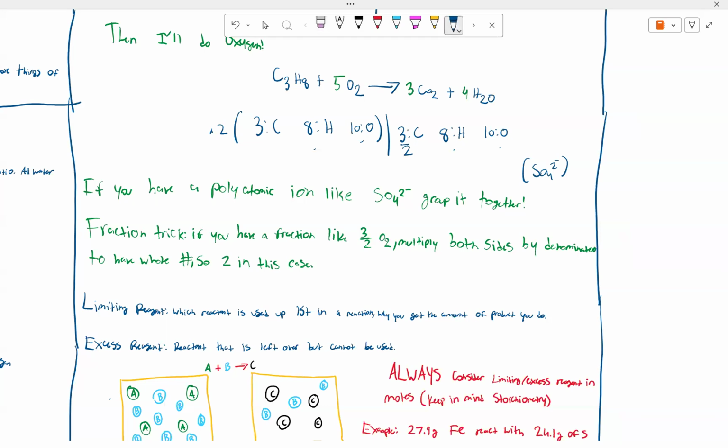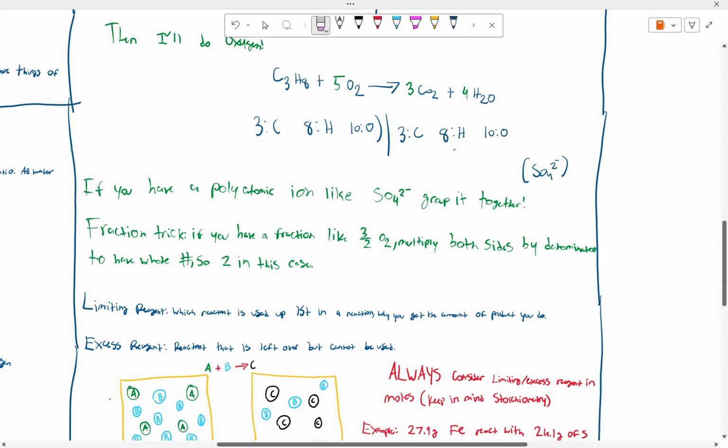So it'd be 16, 20, and this would be 6. Obviously, it's not going to be since this was already balanced, but this will be 6, this will be 16, and this will be 20. But notice because this is 3/2, this is only 3. But it works.